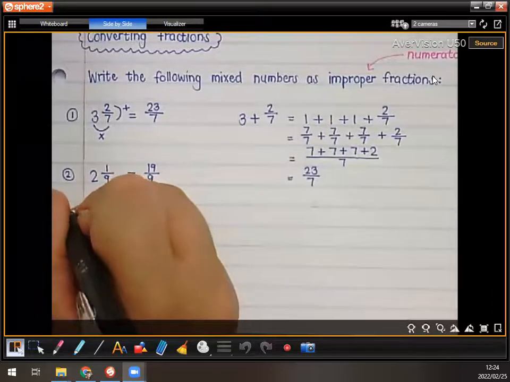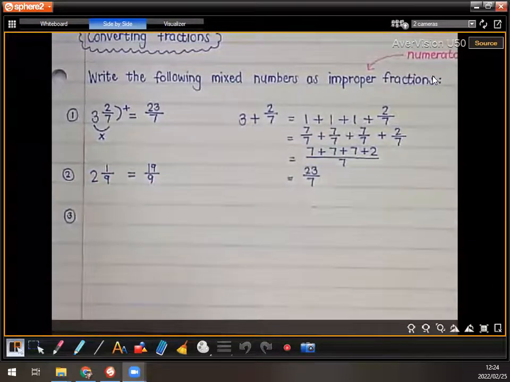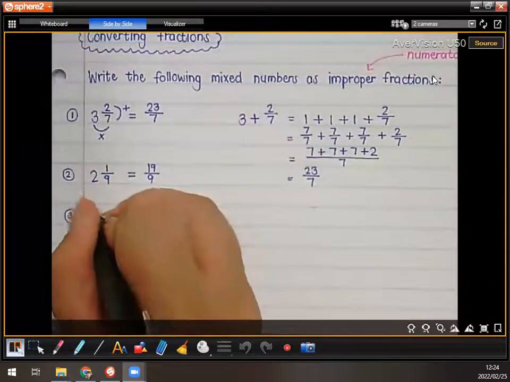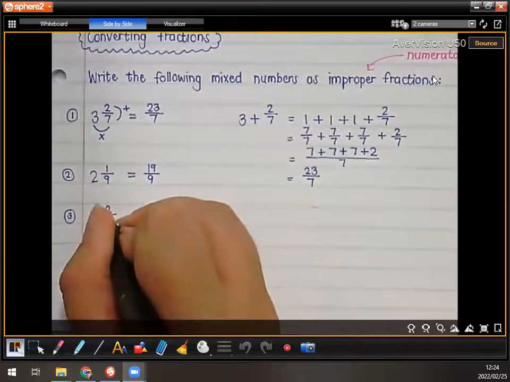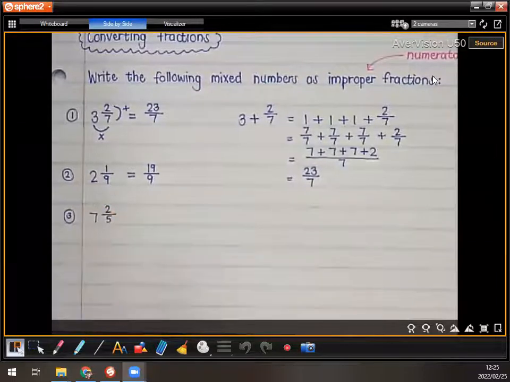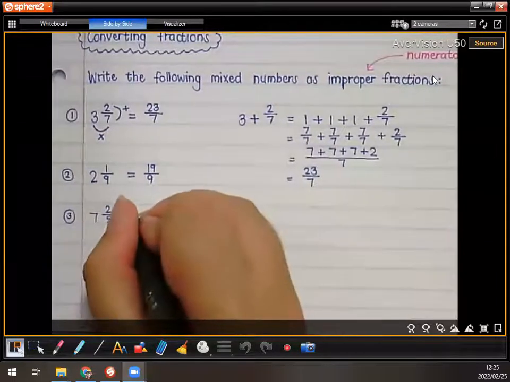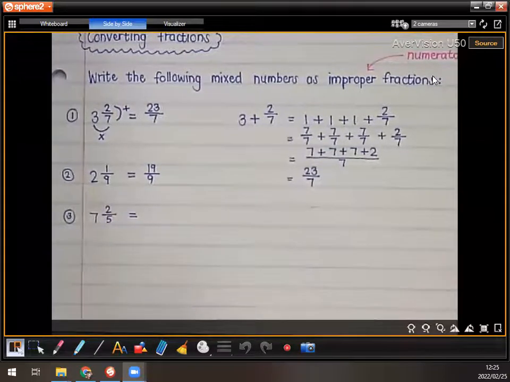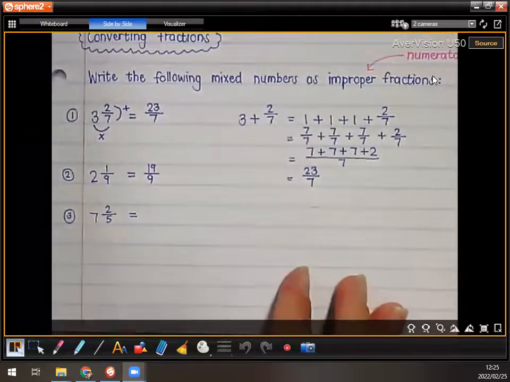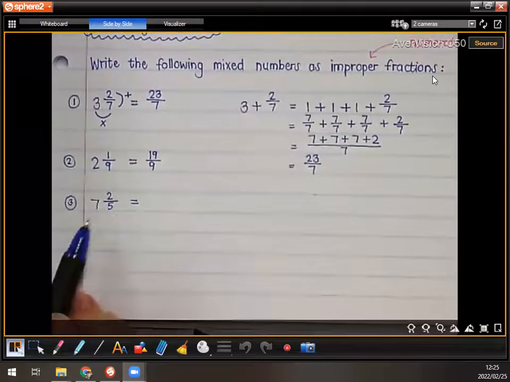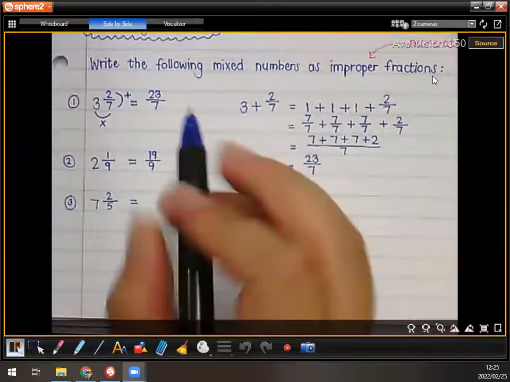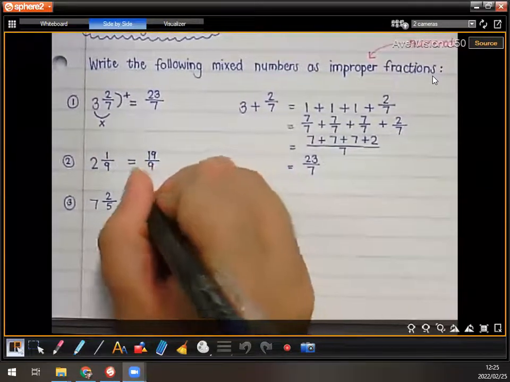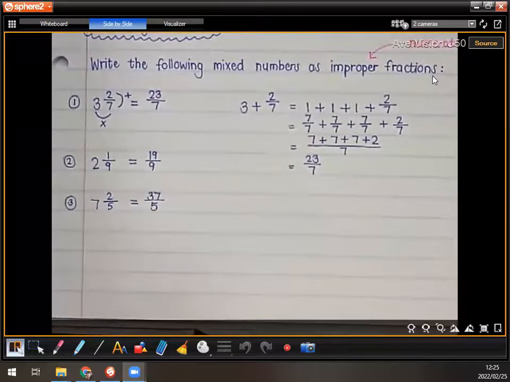Okay, last one, and then I'll give you some time to work on your own. Let's do 7 and 2 over 5. Okay, 7, the whole, times 5, the denominator, 7 times 5 is 35, plus 2, 37 over 5.